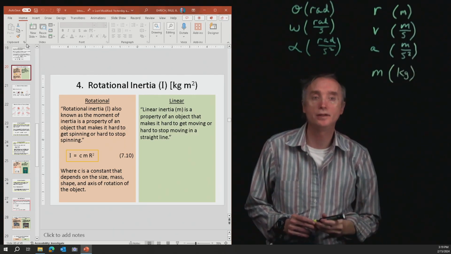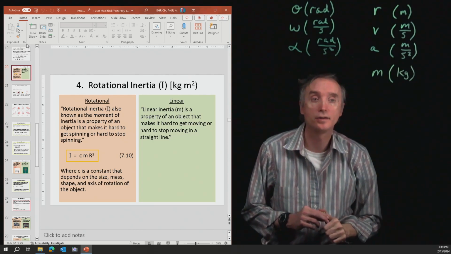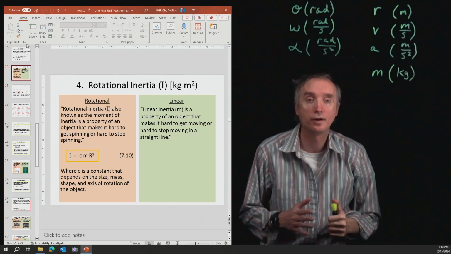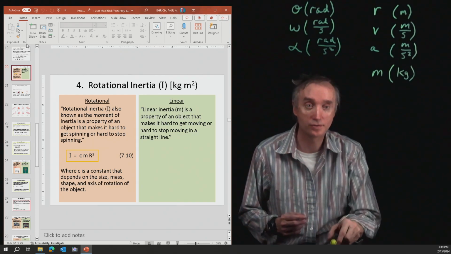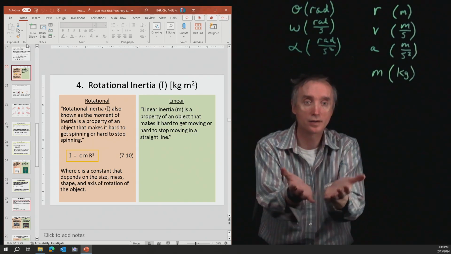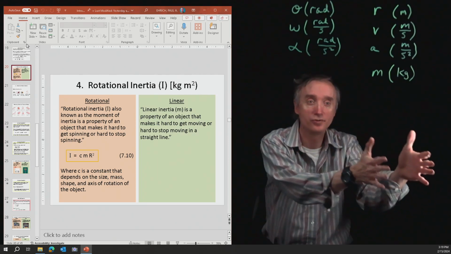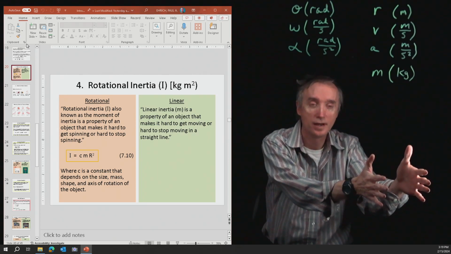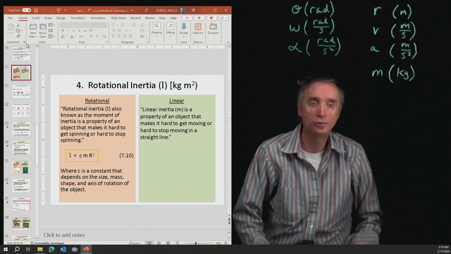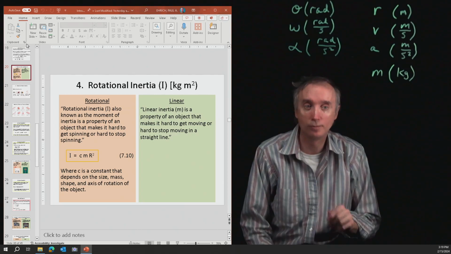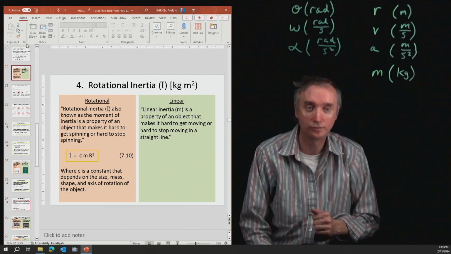So what did it mean to say that it had a certain amount of linear inertia? So imagine that you've got two boxes. So you got an empty box here, and then you got a refrigerator over here. And so you should notice that it's really easy to push on that little box and to get it to move.